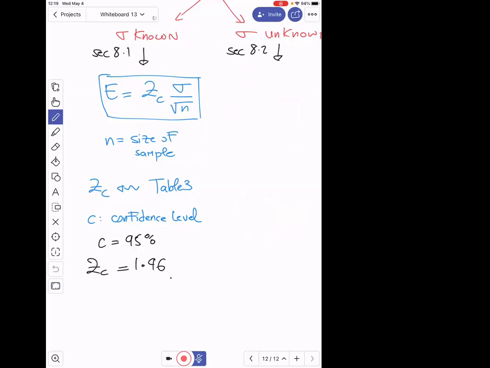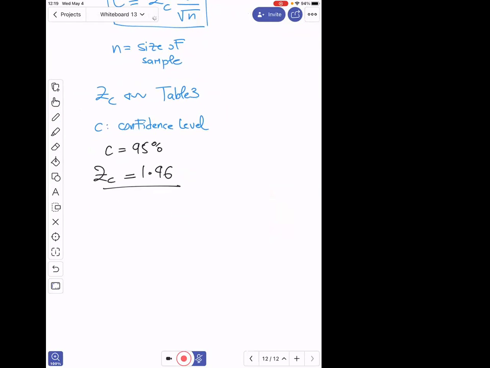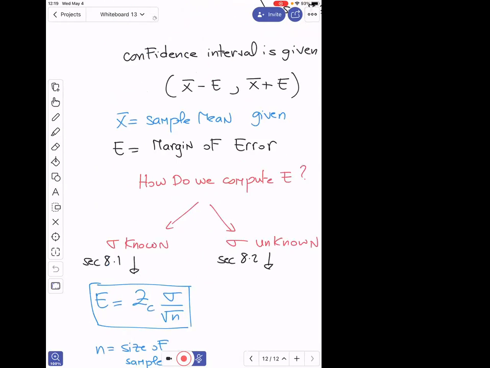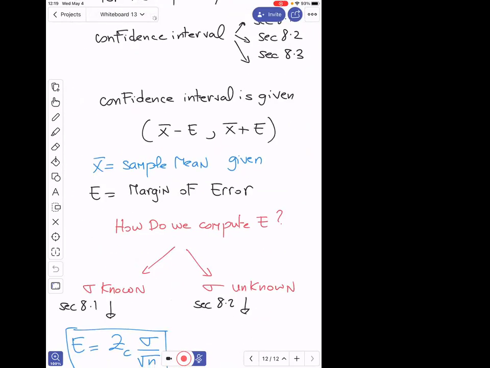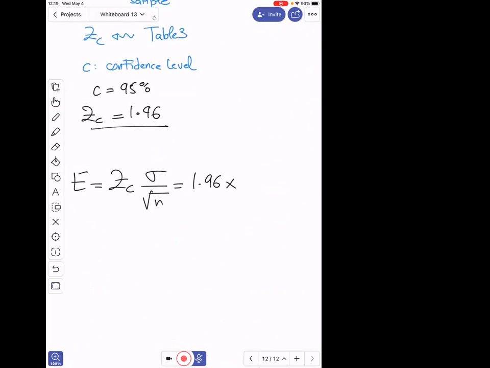Then you're done, because once you have your Z subscript C, we can compute the margin of error E. As we said, it's Z subscript C times sigma over square root of n. So it's 1.96 multiplied by sigma, which is given in this problem as 1.8, divided by the square root of n.